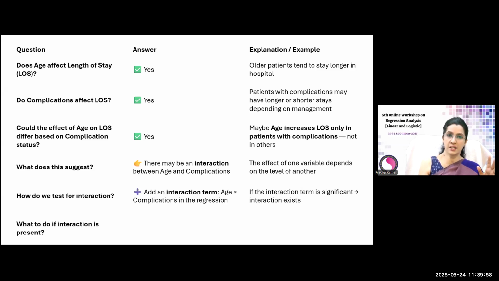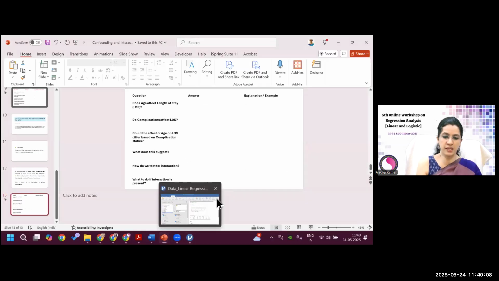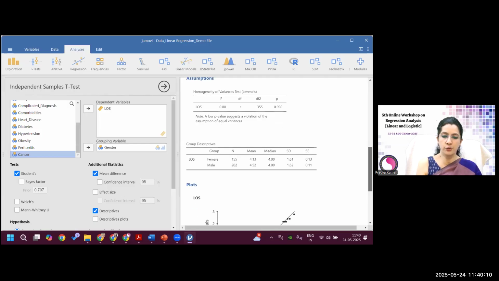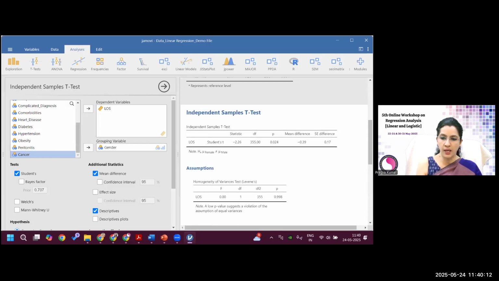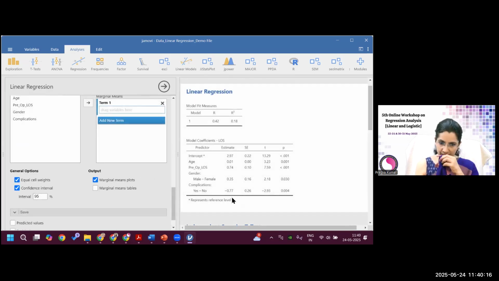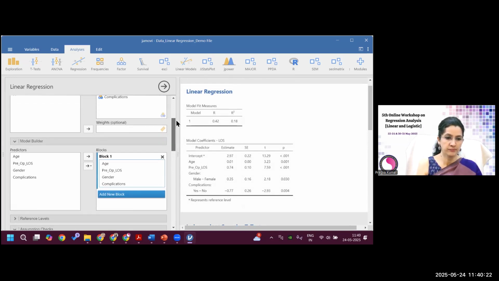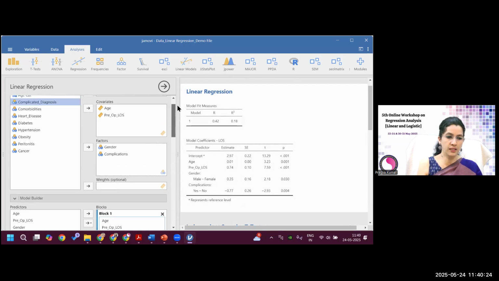In interaction, you have to enter the term as an interaction and then report it. So how do we do that? Because you were asking why the length of stay was less in complications, now we can enter that as an age-by-complications interaction.